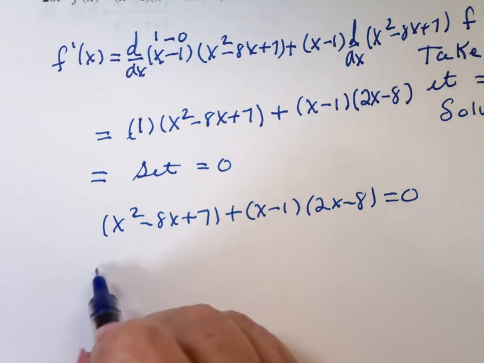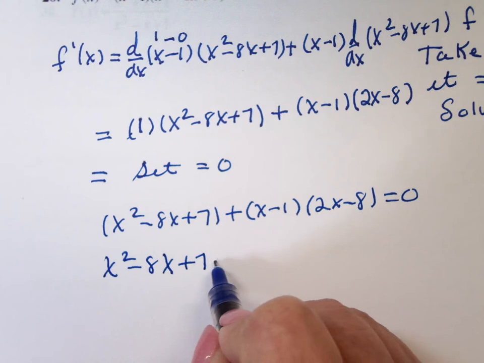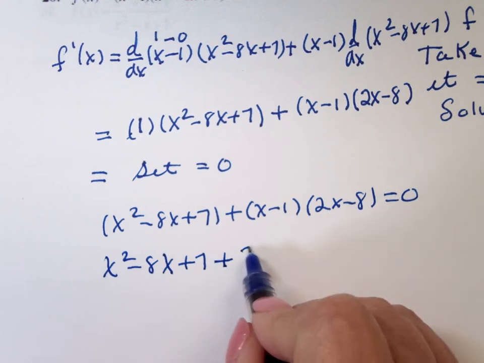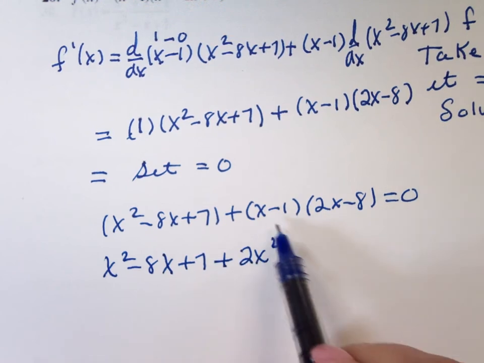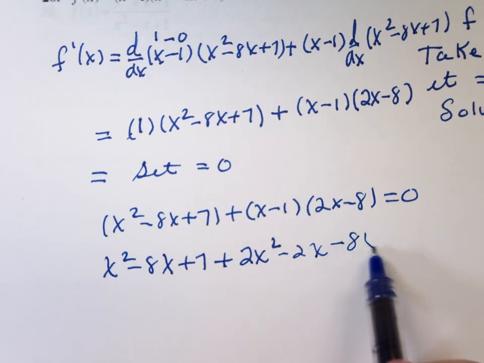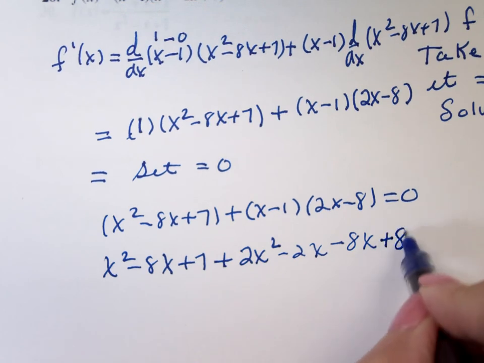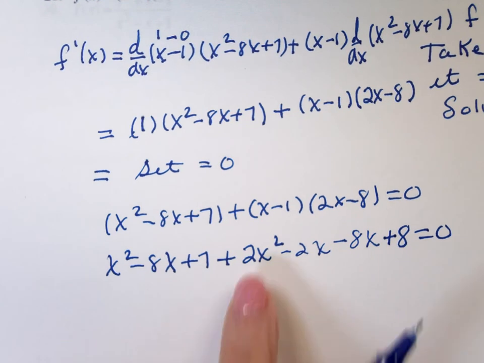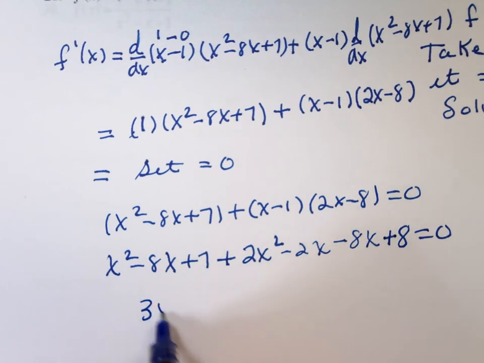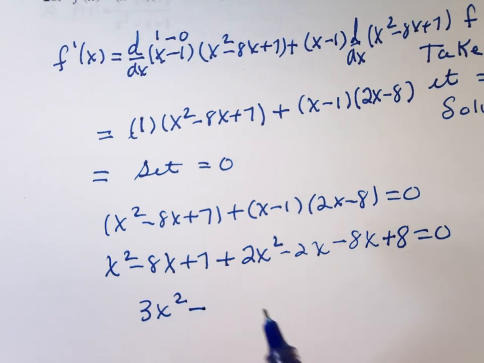So now I have to clear parentheses. For this, 2x squared minus 2x minus 8x plus 8. 2x squared plus 1x squared is 3x squared. Minus 8 minus 8 minus 2, that's 16, and 2 is 18.